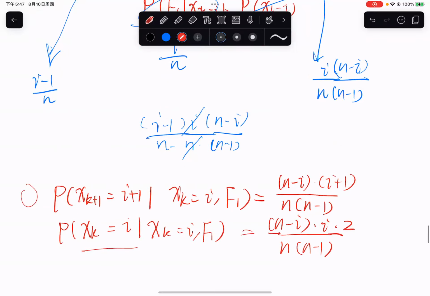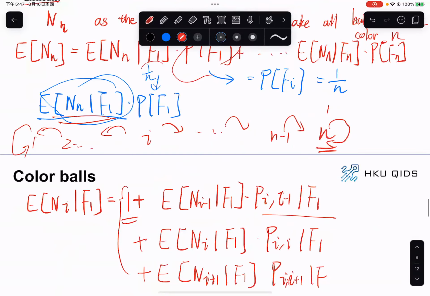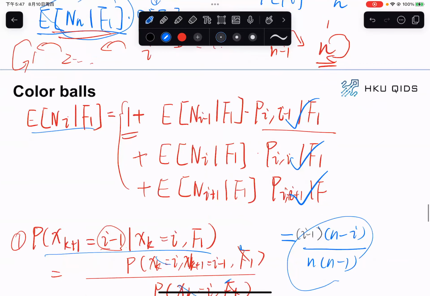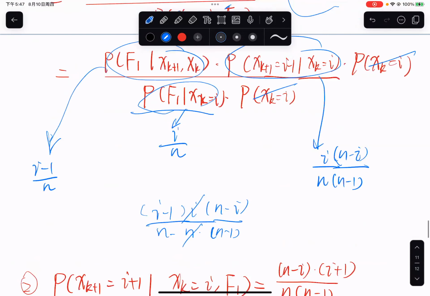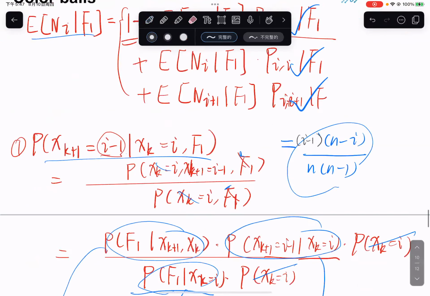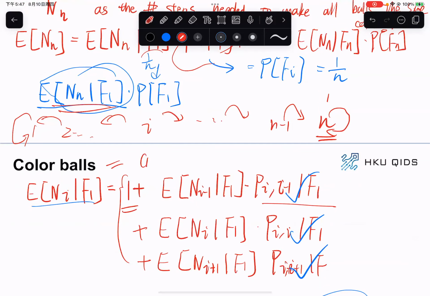And we replace this 2, 3, and 1 back to this part. We have this, we have this, we have this, and then we can use some boundary cases to calculate all the values out, okay? And this is actually going to give us that this expected value is going to be (n minus 1) squared over 2.